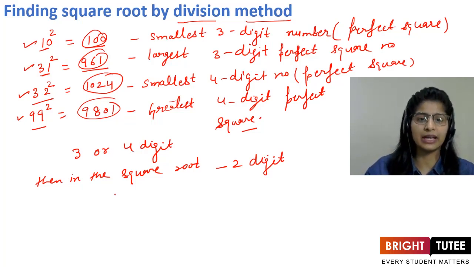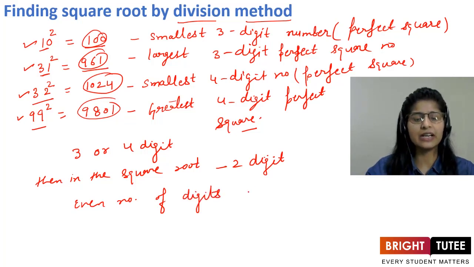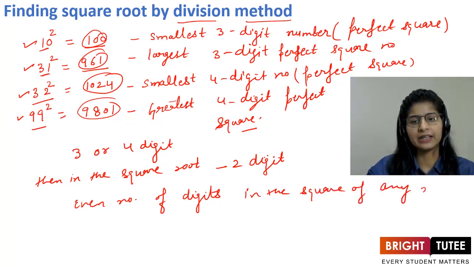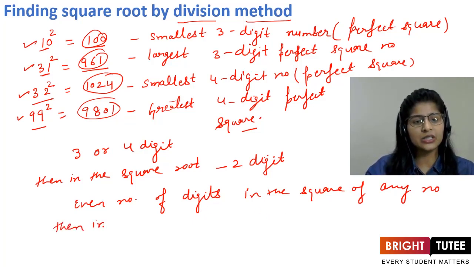The general formula is, see, if you have even number of digits in the square of any number, okay, when you do the square and you are getting even number of digits, then in square root you can make a note of it, okay?